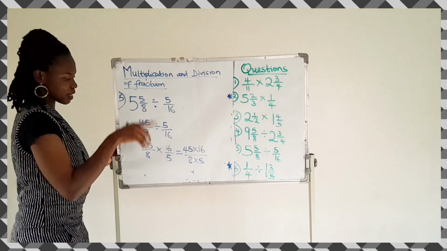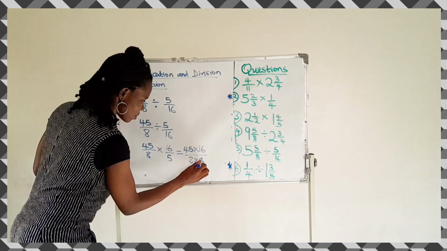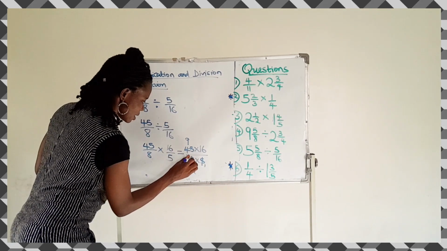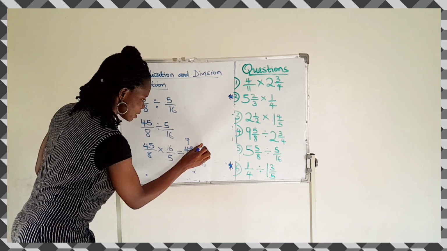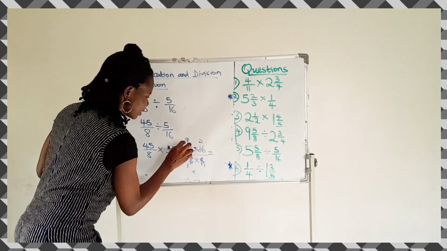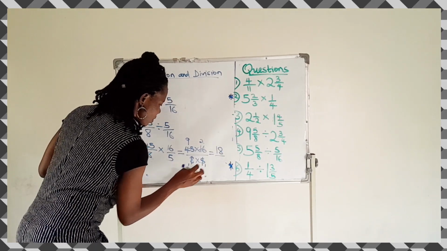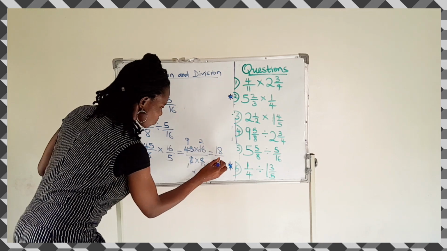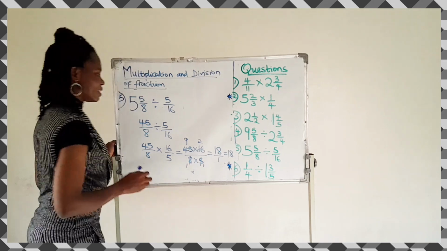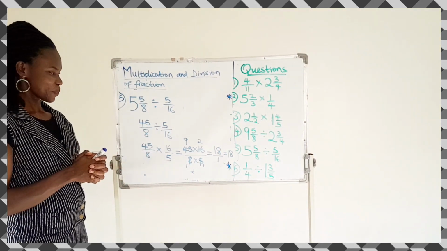Is there anything that can divide the numerator and denominator? Yes. 5 can go here, 1. 5 divides 45, 9. 8 can divide itself, 1. 8 divides 16 is 2. So we have 9 times 2 is 18 over 1 times 1 is 1. And 18 over 1 is the same thing as 18. So that is our answer.